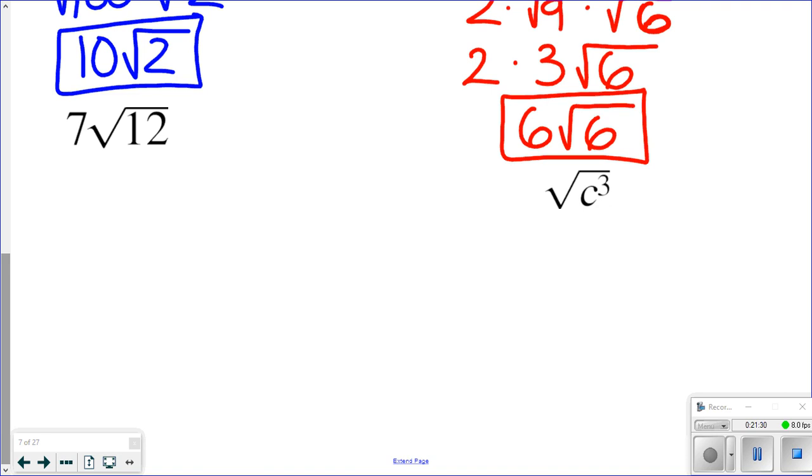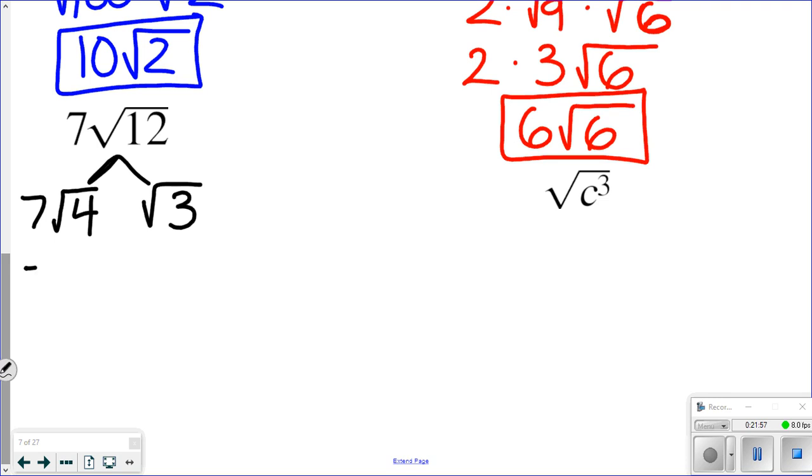7 square root 12. Leave your 7 to start with, and break down the 12. Think: what perfect square goes into 12? What's the largest? That would be 4. 4 times 3 is 12.